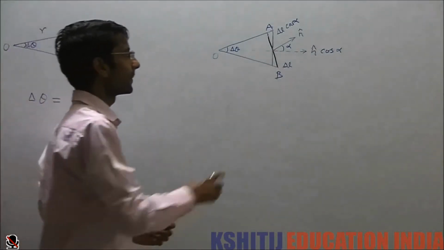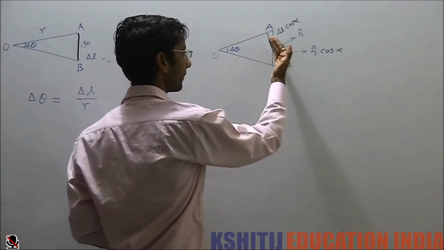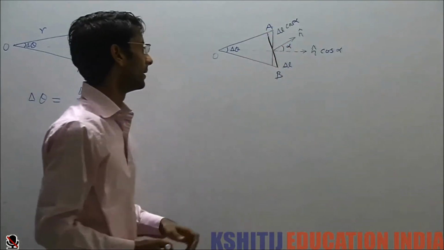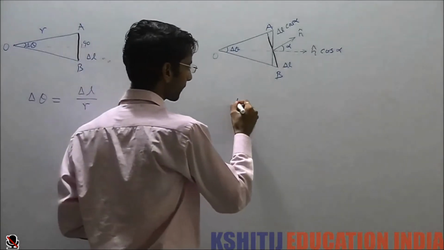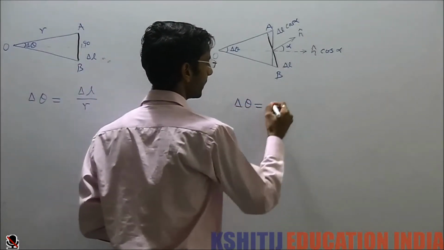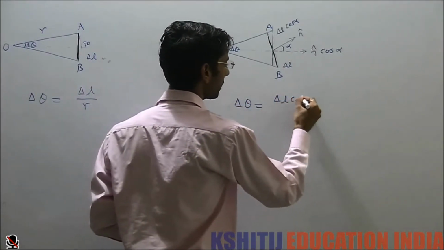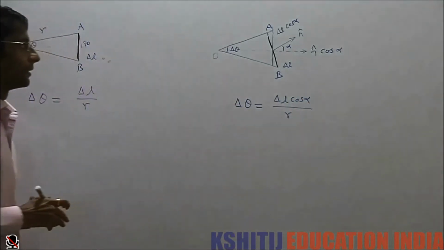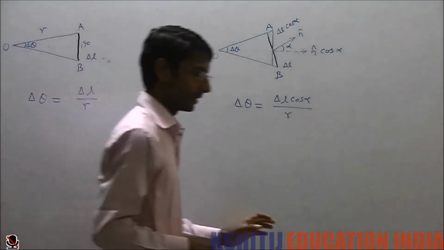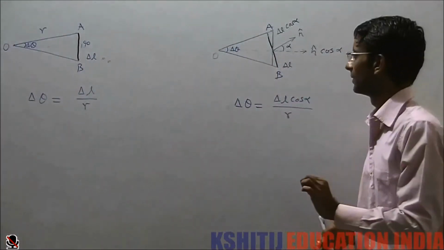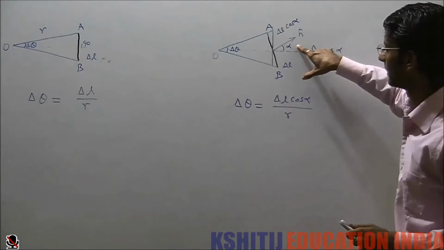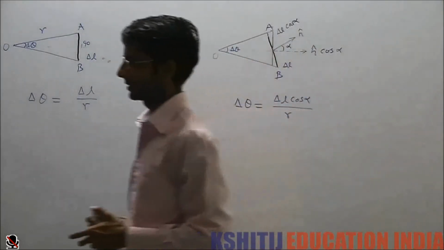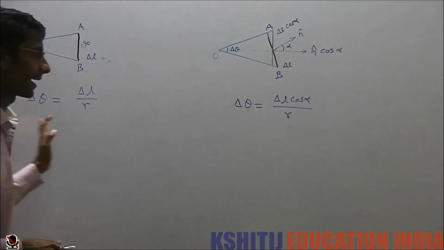So if this curve is inclined by angle alpha, then delta theta in that case will be delta L cos of alpha by R. So if we have an inclined curve by a certain angle, then the length of that will be multiplied by cos alpha. This is what happens when we measure the plane angle.